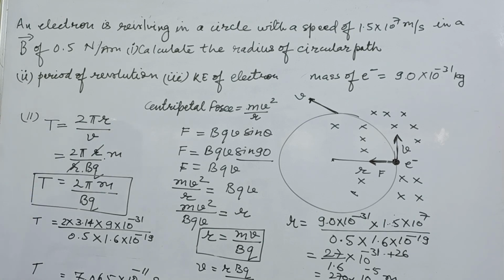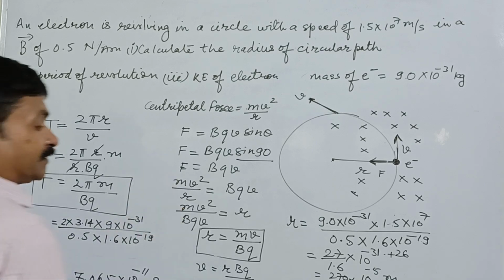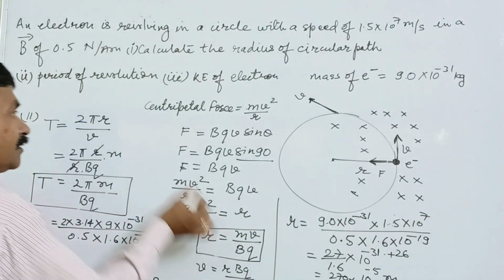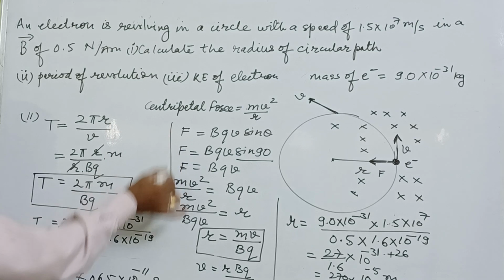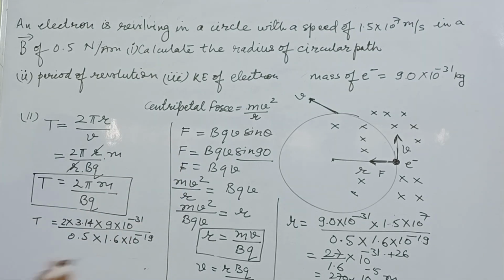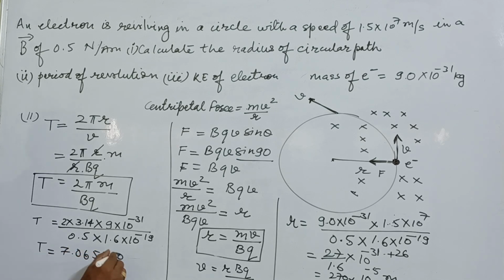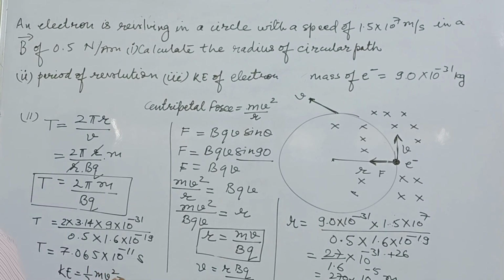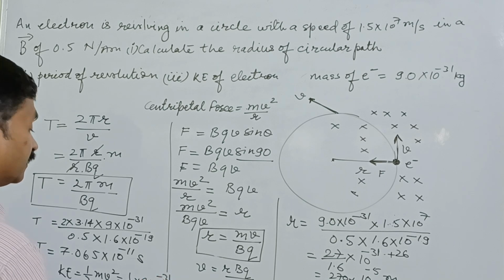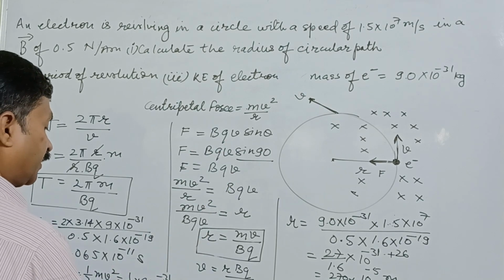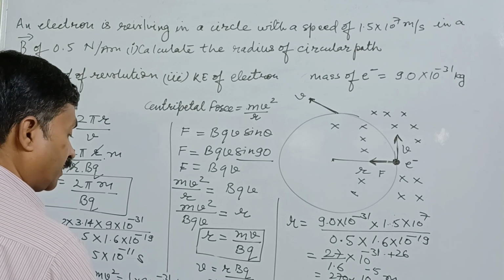Now the kinetic energy that we can determine. Here we have got this first relation, I am writing it here, T is equal to 7.065 into 10 raised to the power minus 11 second. Now for kinetic energy, we know very well, half mv square. Half, it is 9 into 10 raised to the power minus 31, it is 1.5 into 10 raised to the power 7 square.